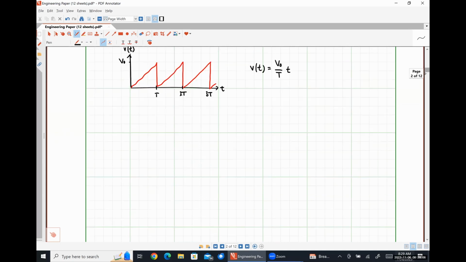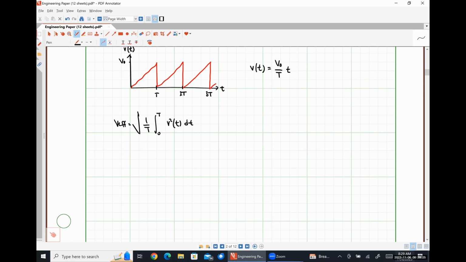So if I want to find the effective value of this sawtooth wave, I would have V effective is the square root of 1 over T times the integral over exactly one period of v squared of t dt.